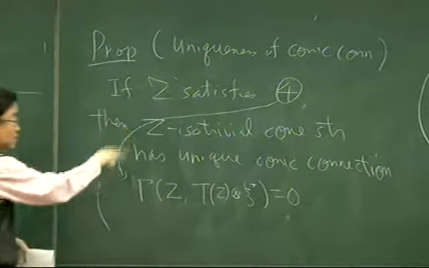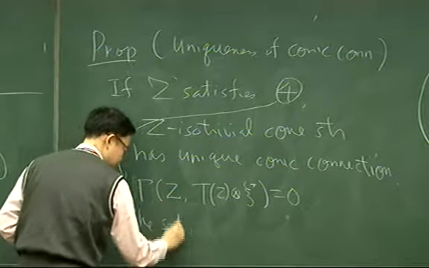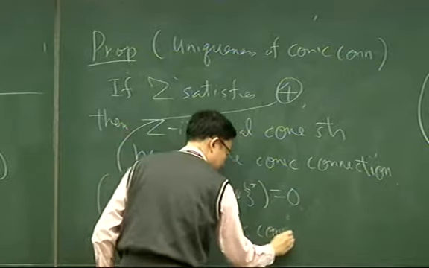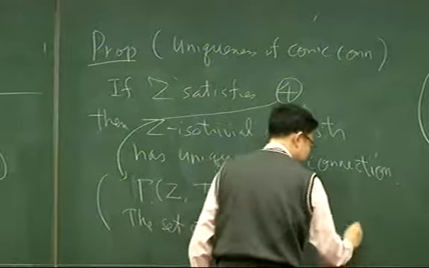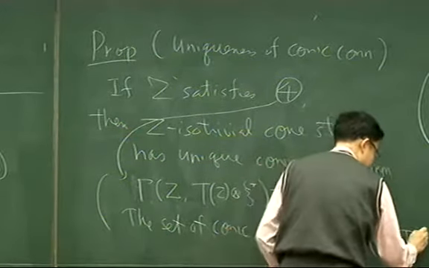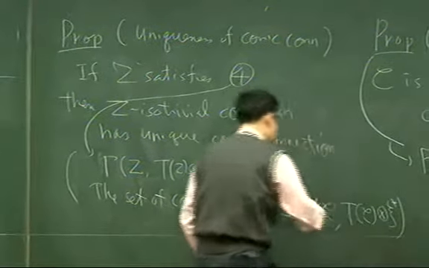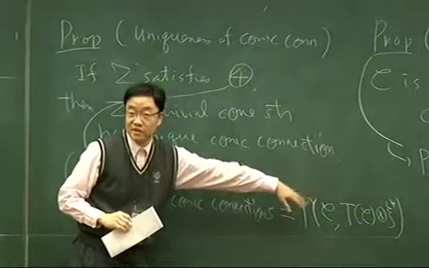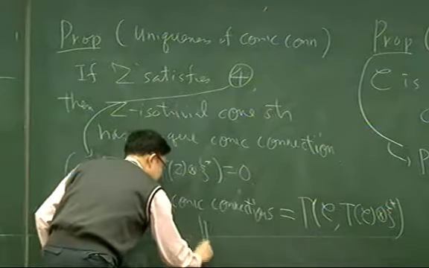But the set of conic connections is isomorphic to the holomorphic sections of this bundle on C, because it's just a set of splittings.